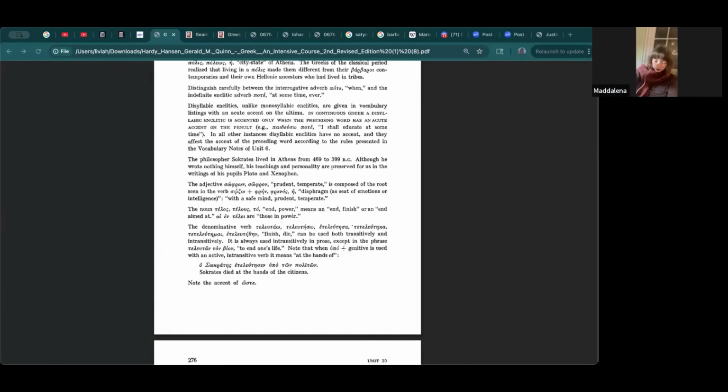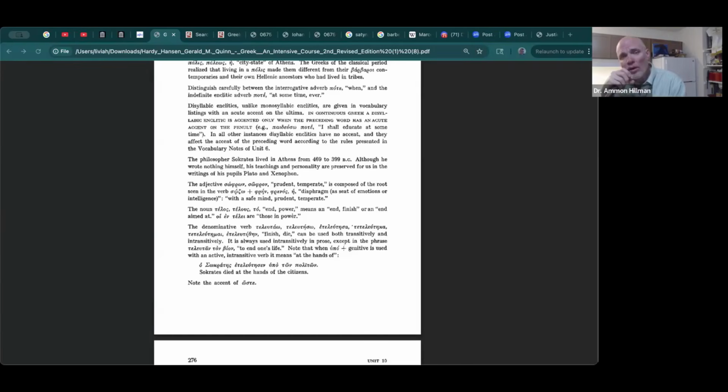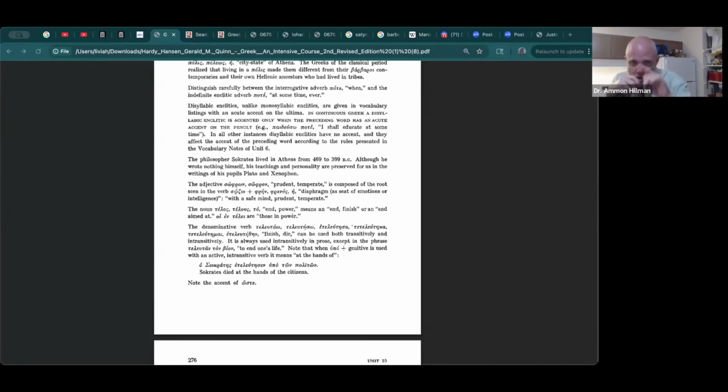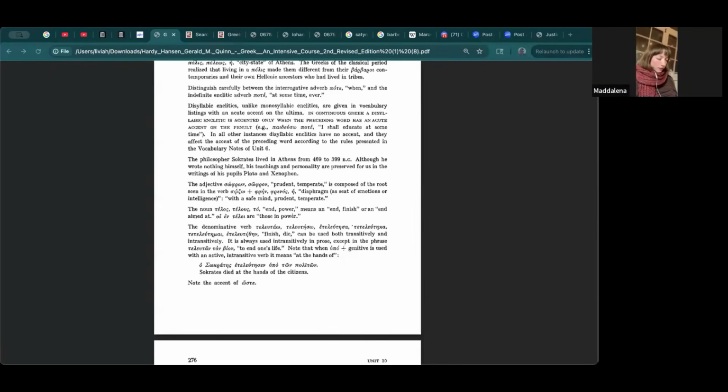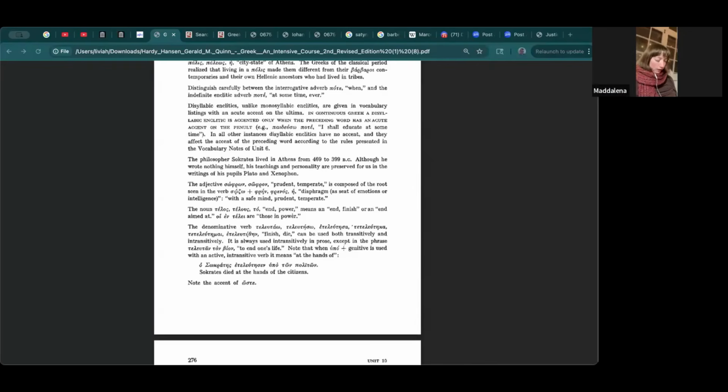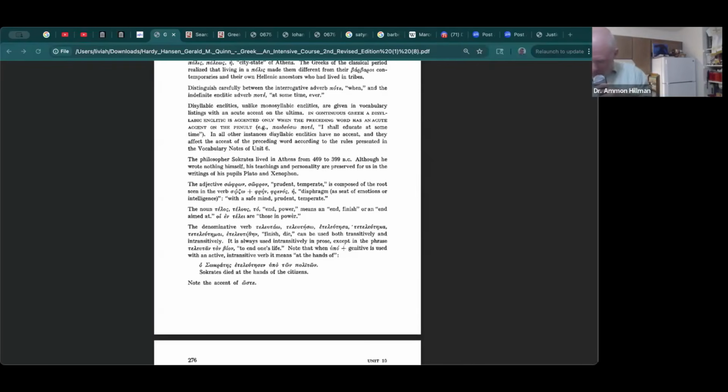You can try to memorize those, or you can read through that list and ask yourself what the commonality is. That's the way they approach it when they give you those little charts showing what the genitive does, what the dative does, what the accusative does. They're trying to give you a sense of how the genitive works, and you can get that by simply going back to the appendix.